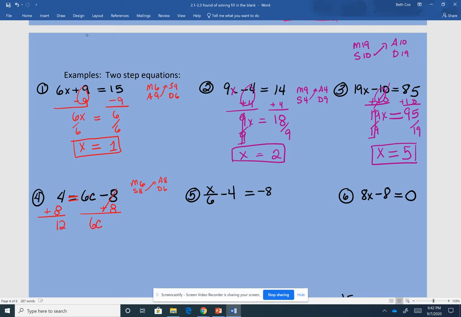And so I get 6c on one side and 12 on the other. And then I'm going to divide by 6. Divide by 6 on one side, that's 1, so I have plain c. Divide by 6 on the other side, and I get 2. So my answer turns out to be 2.